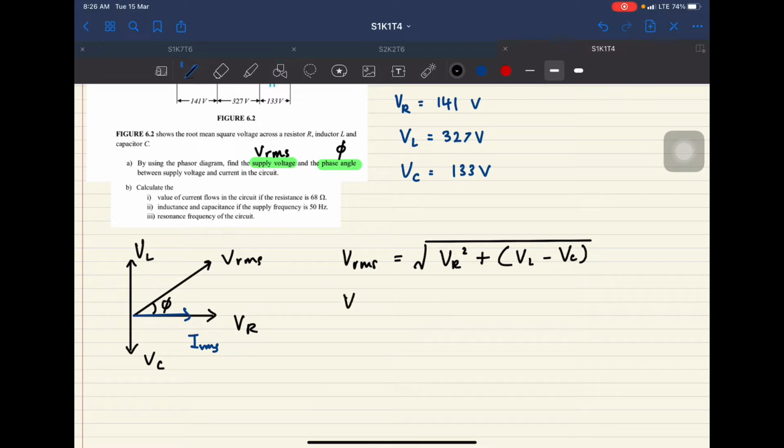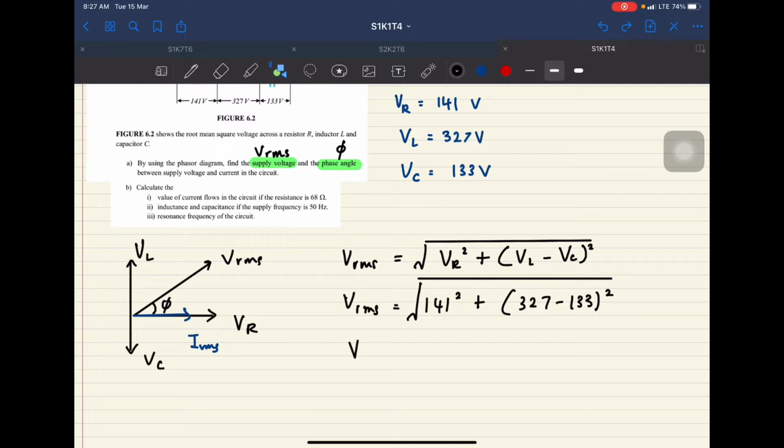So substitute all the values. 141 square plus, forget to put square there, (327 minus 133) square. Take the square root of everything. Should get 239.83. So this would be your VRMS or supply voltage.